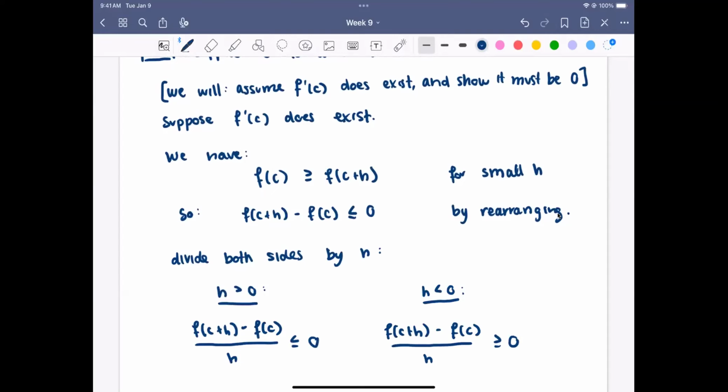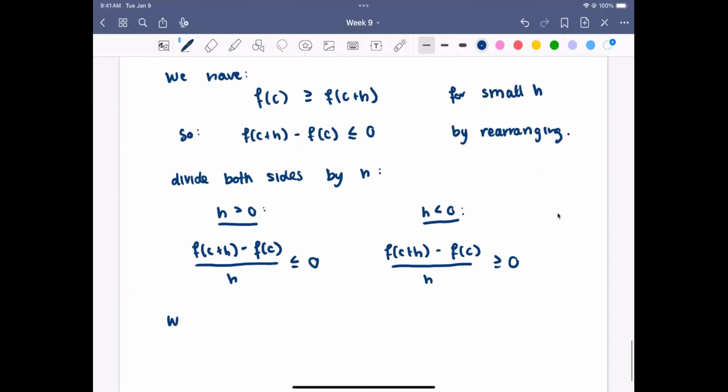So now what I'm gonna do is take the limits of these, right? Because the limit of this as h approaches 0 from the right, and this one, limit as h approaches 0 from the left. And since we know that the derivative exists, we know that those two limits have to be in agreement with one another. So let me look at those two limits.